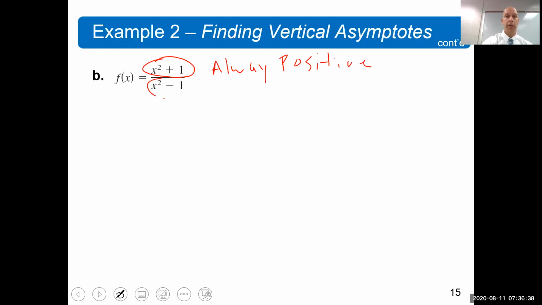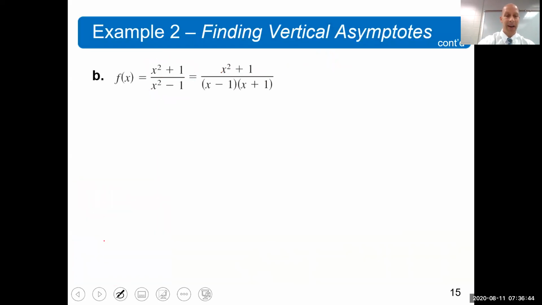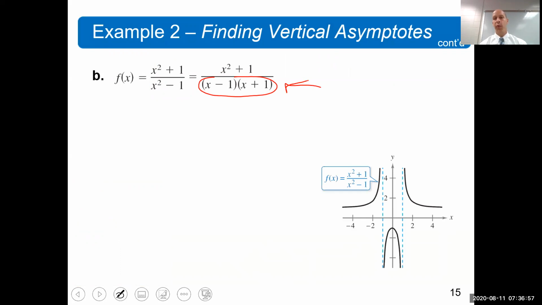What we do need to be concerned about is the denominator. And I guess I kind of wrote over my own thing here. Let's erase everything on the slide. So here we can factor the denominator, as you're probably very familiar with. And so when is the denominator going to be 0? Well, that's pretty easy to see.